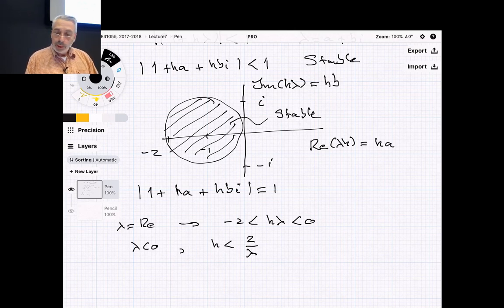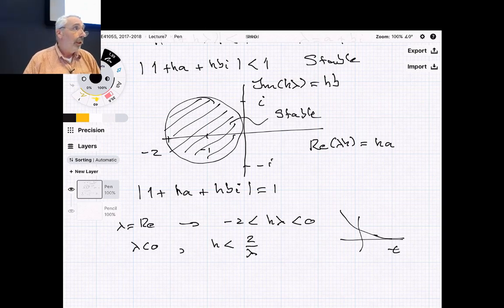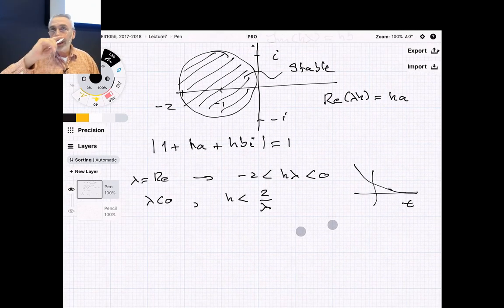So that's for real ones, for these types of systems which have decaying behavior. If it's non-decaying behavior, you're somewhere in this area and on this axis for the real part, and it's only stable within a finite region. It's conditionally stable.